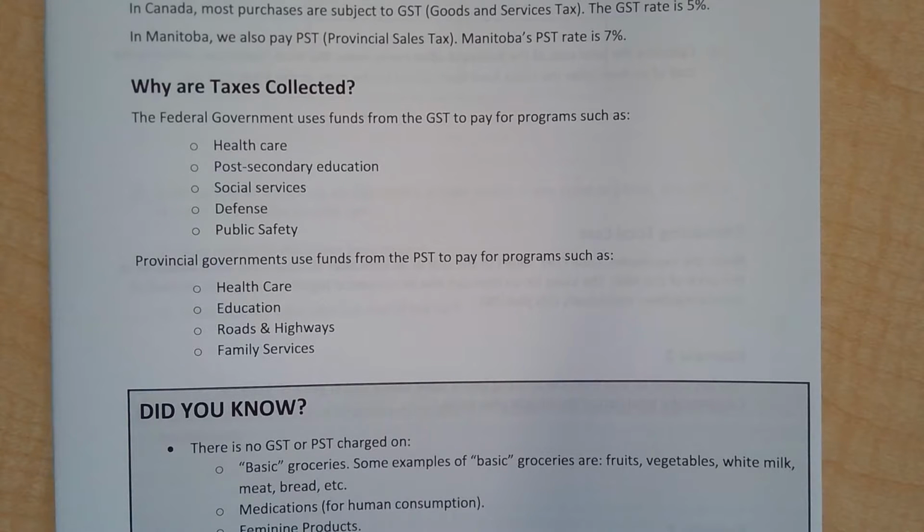The province of Manitoba also legislates education, right? That's why when you go to Manitoba education, it's called Manitoba education, because it's legislated by the province of Manitoba. Roads and highways and family services. Okay, so those are the PST things.